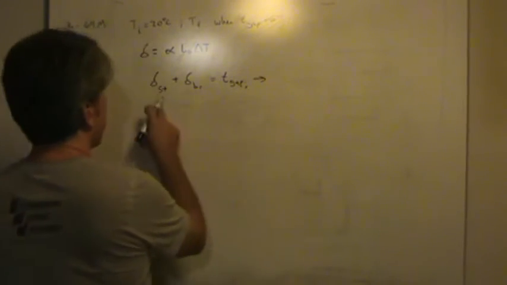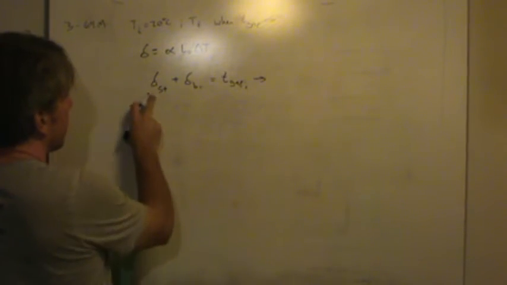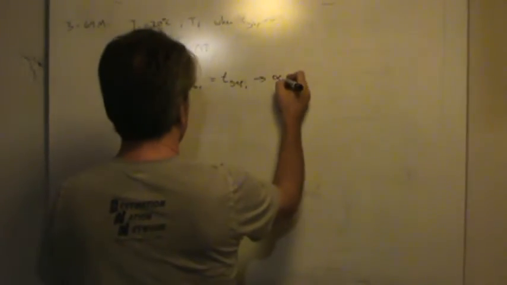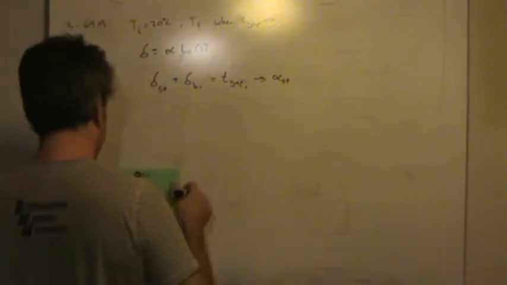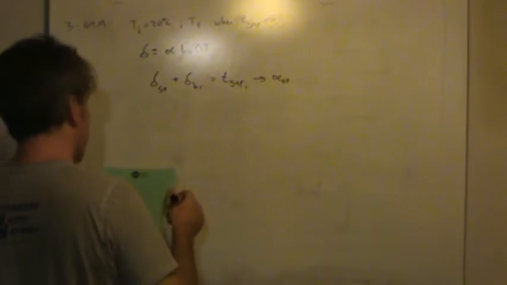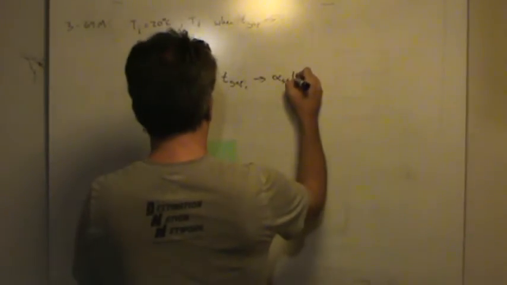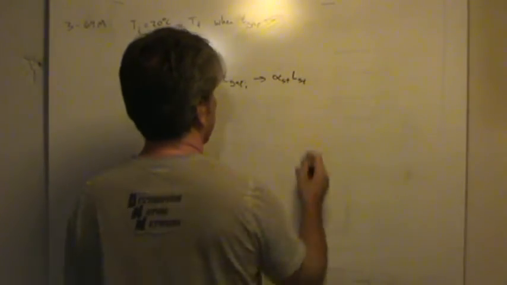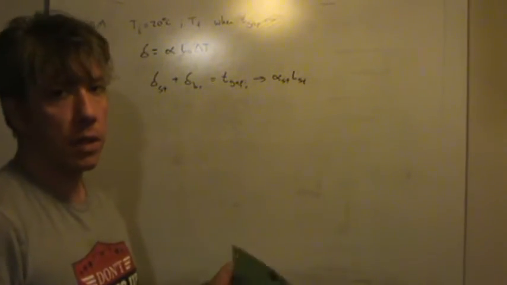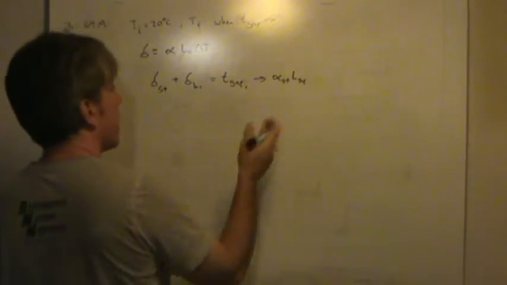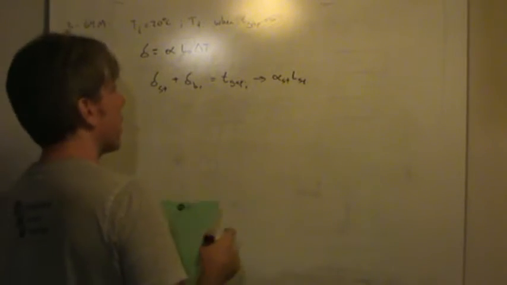Now I can write the expansion of the steel with this equation, so that I need the linear expansion coefficient for steel times the initial length of the steel. The initial and final length of the steel are so close to the same, it really doesn't matter, but technically this would be the initial length of the steel.